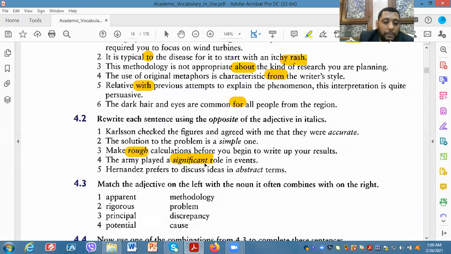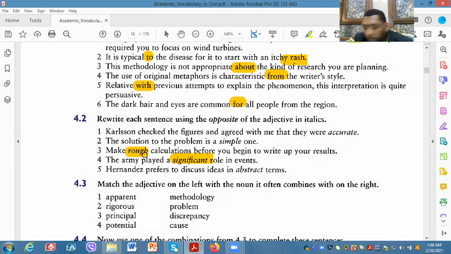So the Army played a significant role in events becomes: the Army played an insignificant role in events.